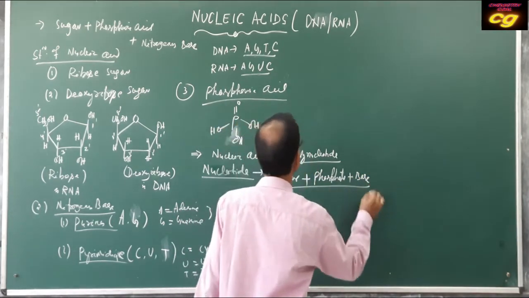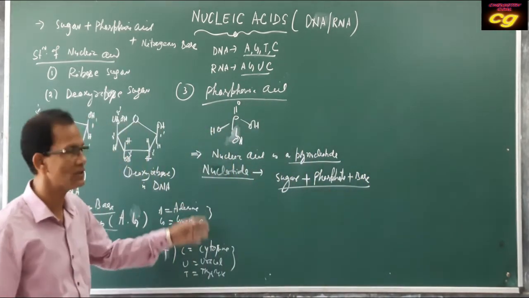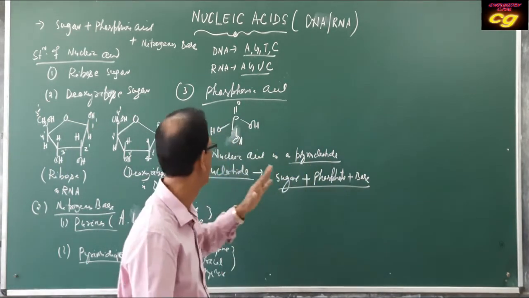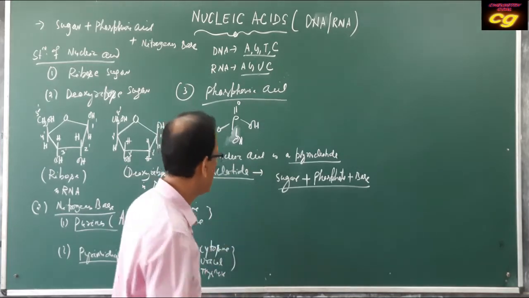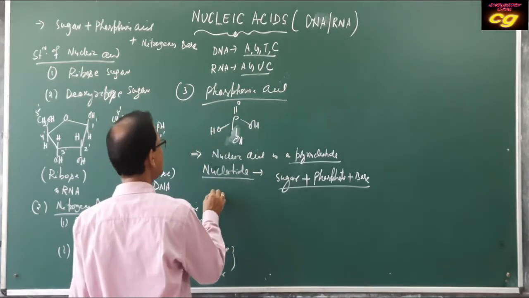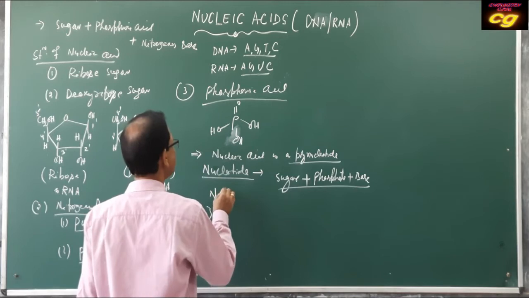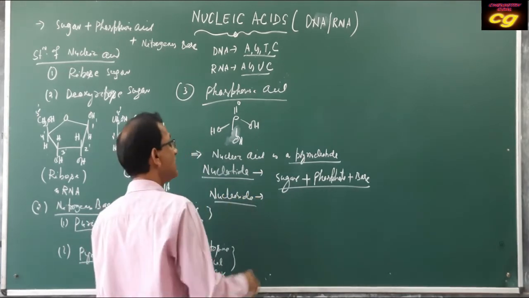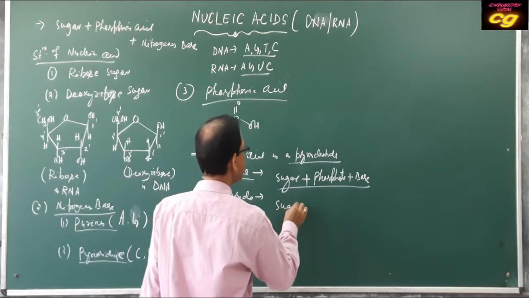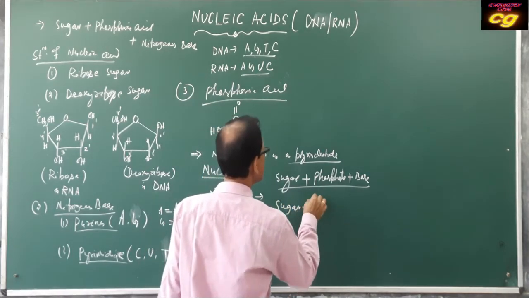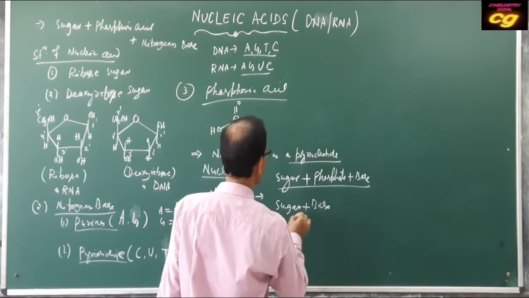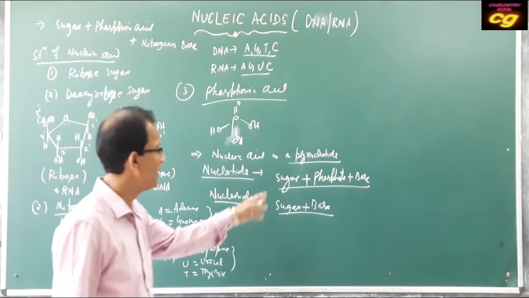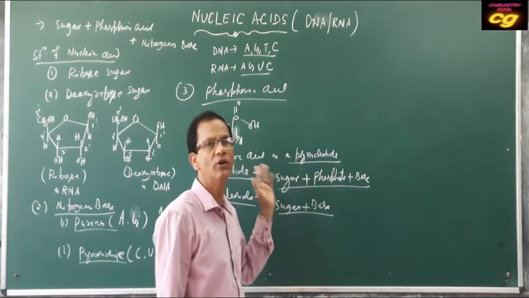These three components form a nucleotide. A nucleoside is the combination of sugar and base. Sugar and base is called nucleoside, and when phosphate is added, that is called nucleotide.